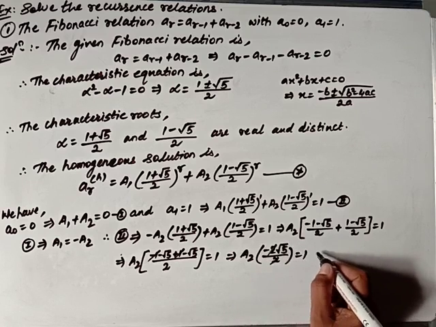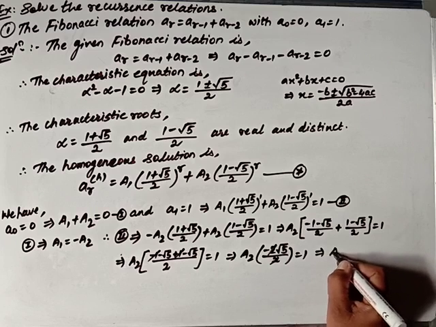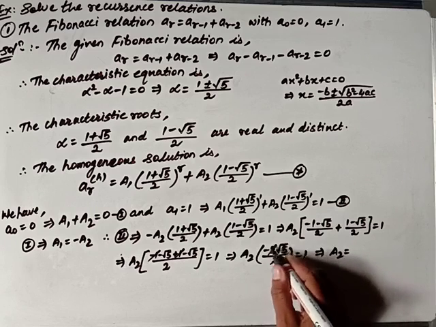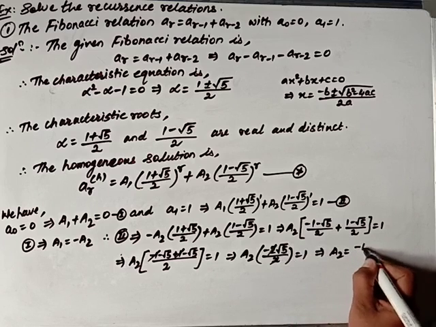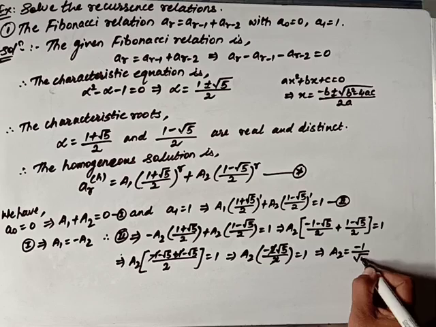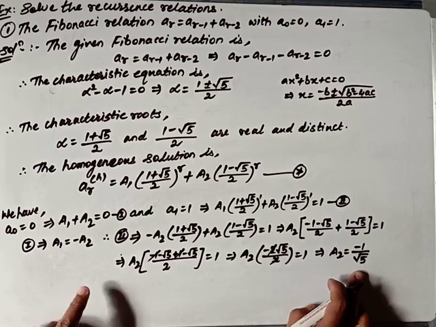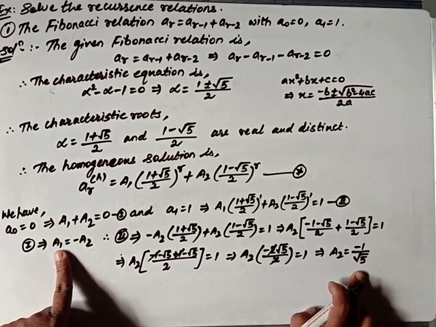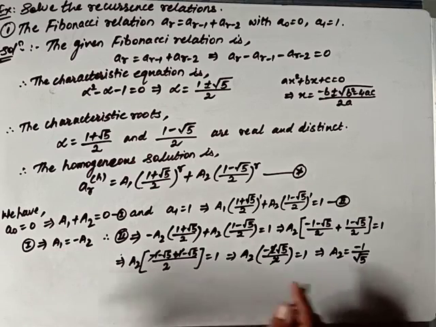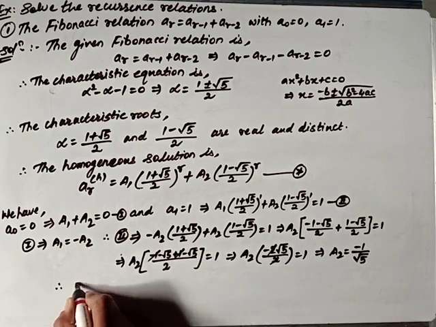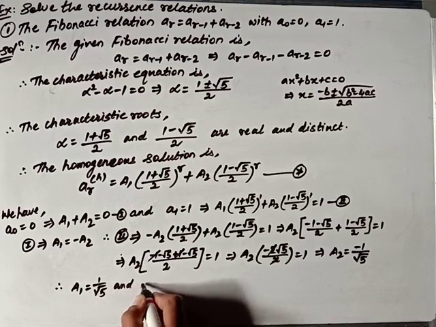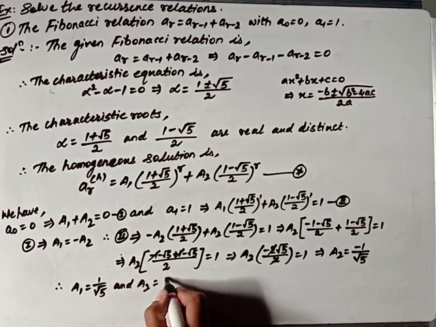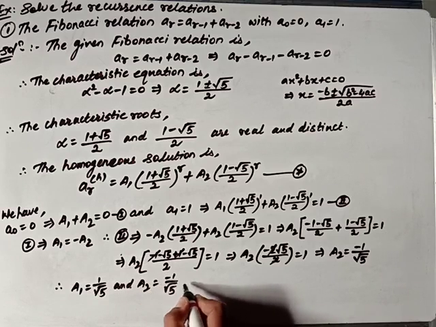2 gets cancelled. So here I get A2 is equal to, this root 5 will come on the denominator, so it will be minus 1 upon root 5. A2 is negative, so A1 will become positive from this. Therefore, A1 is 1 upon root 5, and A2 we already got, it is minus 1 upon root 5.